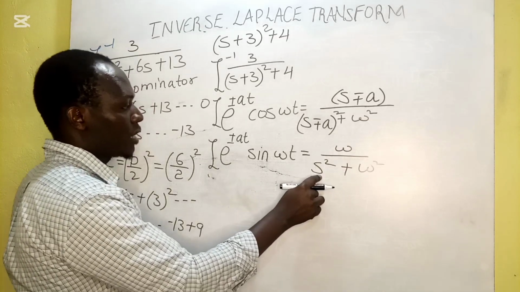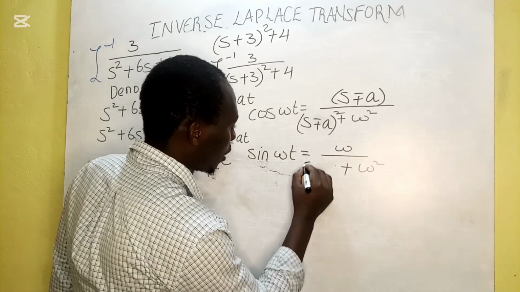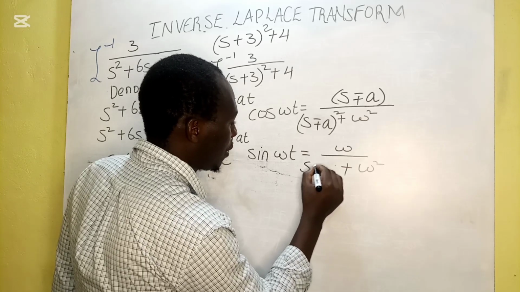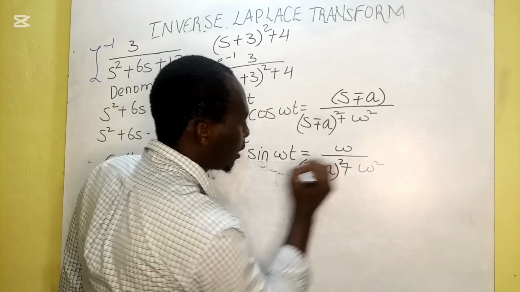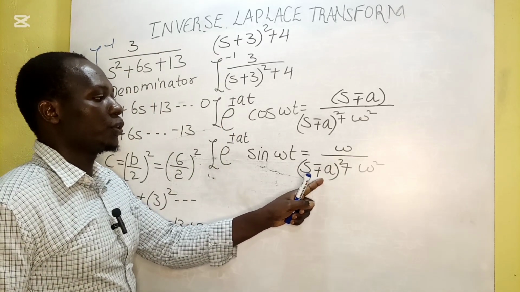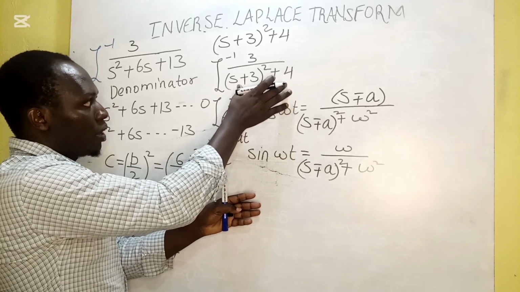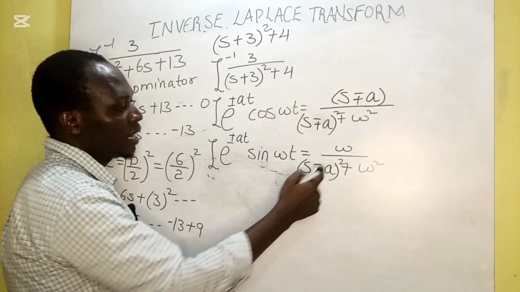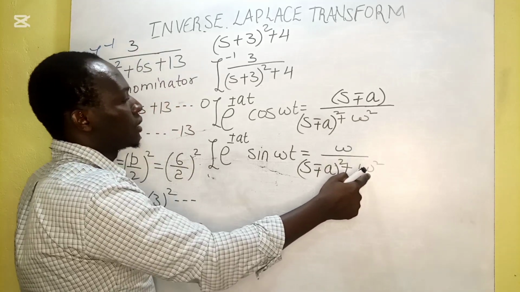The term s must be shifted, and now we are going to have s negative or positive a, but this term was squared. When you check this function here, it resembles our function, but you will find that we must have our angle on both the numerator and at this point.